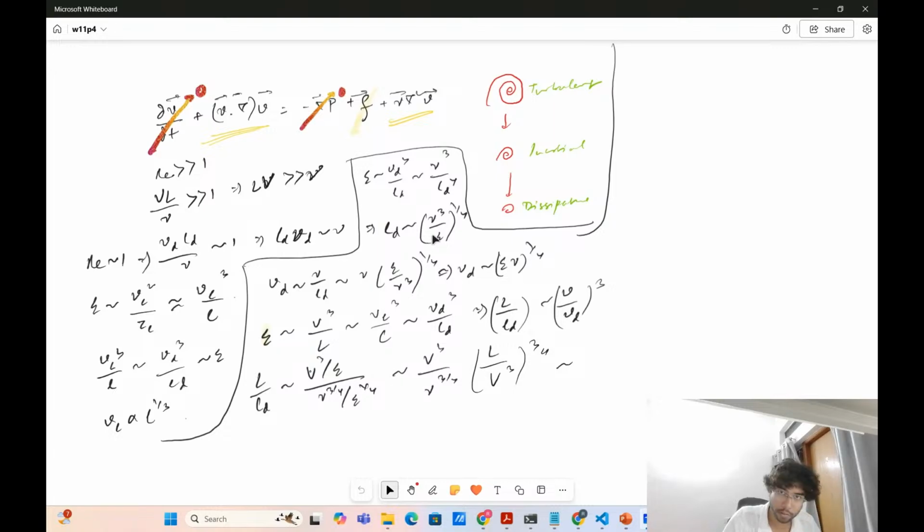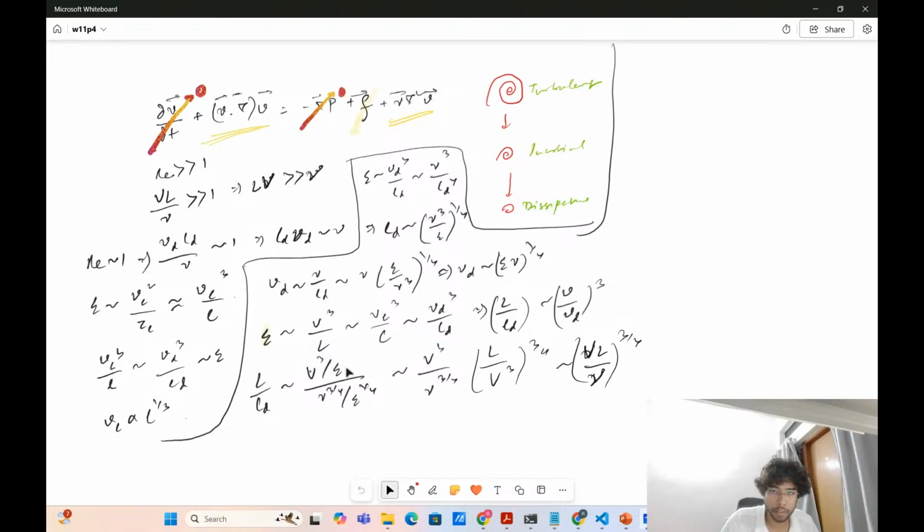And this will turn out to be VL by nu, whole to the power of 3 by 4. I hope I got this right. So from here you get V cube by nu to the power of 3 by 4.